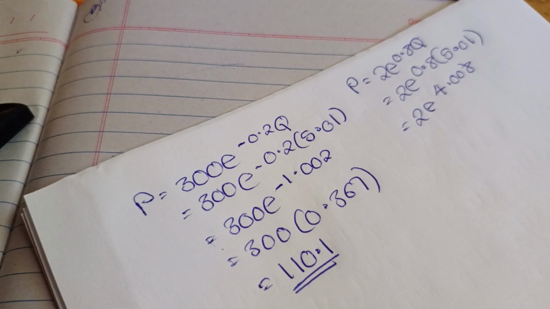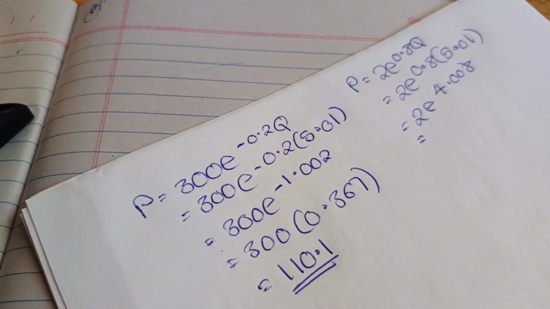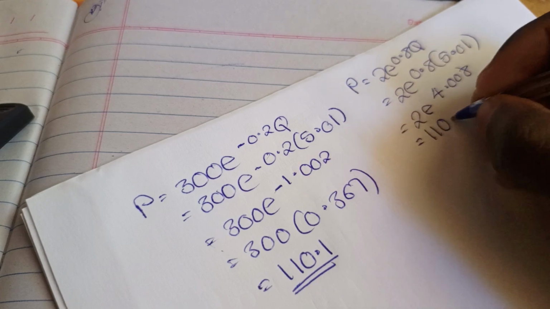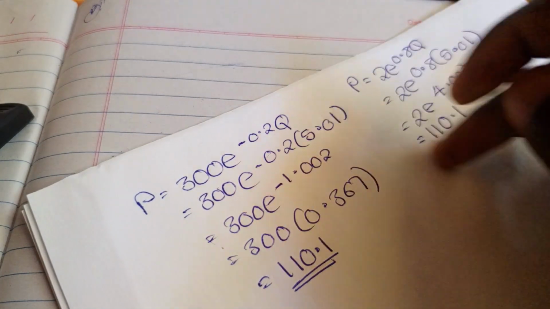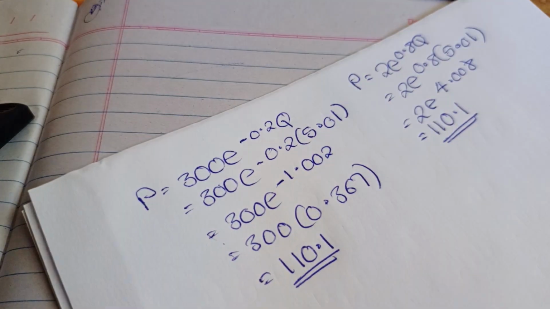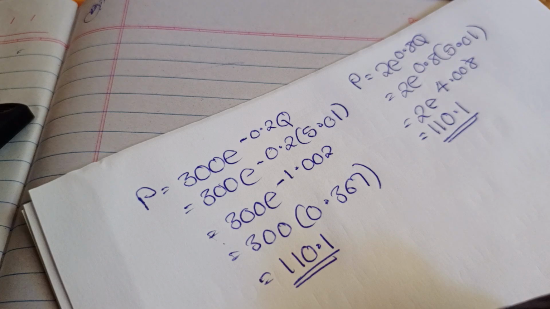Then again, you can punch shift exponent 4.008 multiplied by the same 2, it will give you 110.1. Remember, if you do not want to use this method, you can just go by the statement. Remember, they said the demand price is equal to the supply price. So this is how we calculate for the first question.